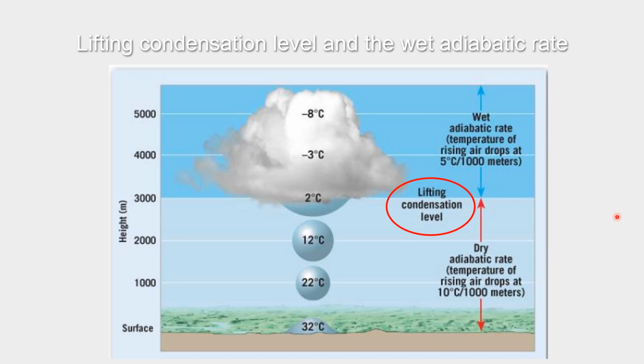This is what we call the wet adiabatic rate. Again, the dry adiabatic rate is when the air is unsaturated, and after it passes through the lifting condensation level, it starts to condense, and the cloud formation has begun. This slowing of adiabatic cooling is what we call the wet adiabatic rate or the saturated adiabatic rate.